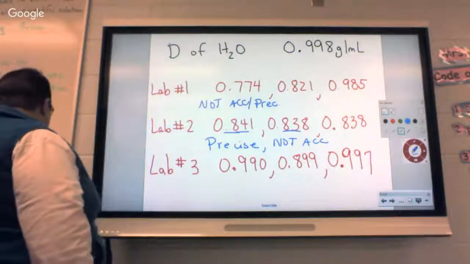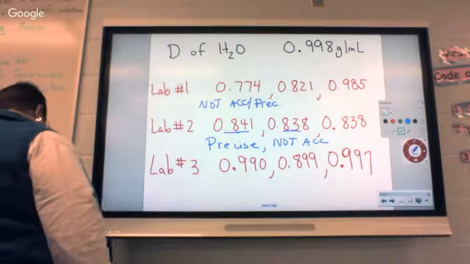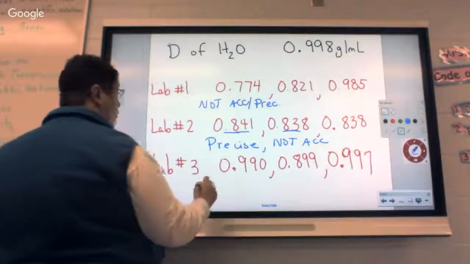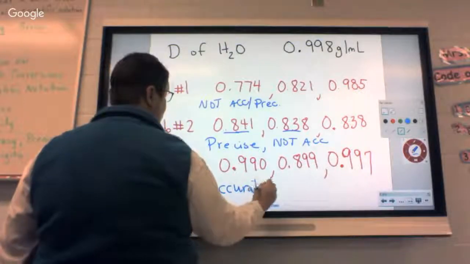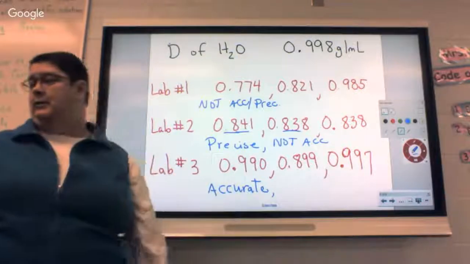Now, the last one. What do you think? All right, so we agree they're accurate. I hear some hemming and hawing on the precise. I hear a no, I hear a yes. What do we think?